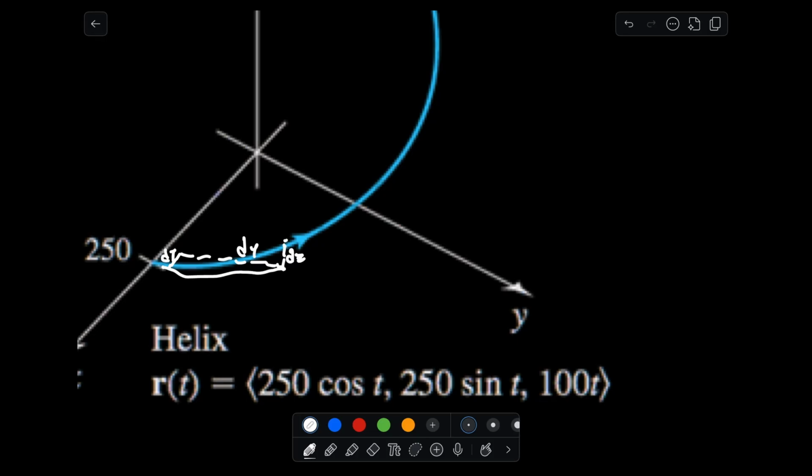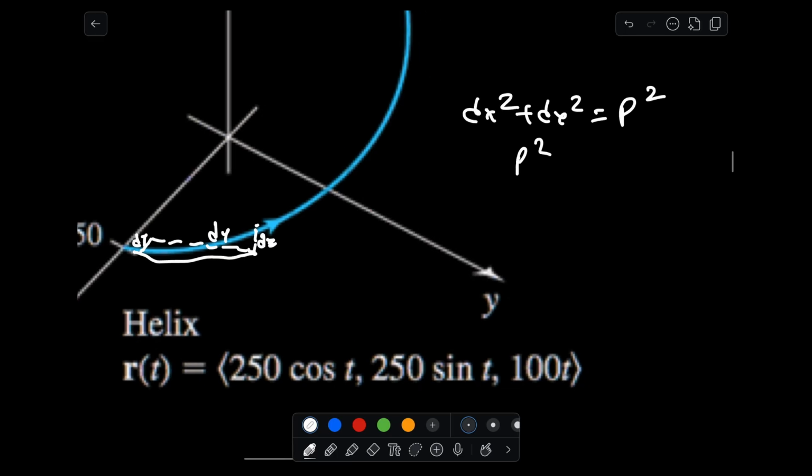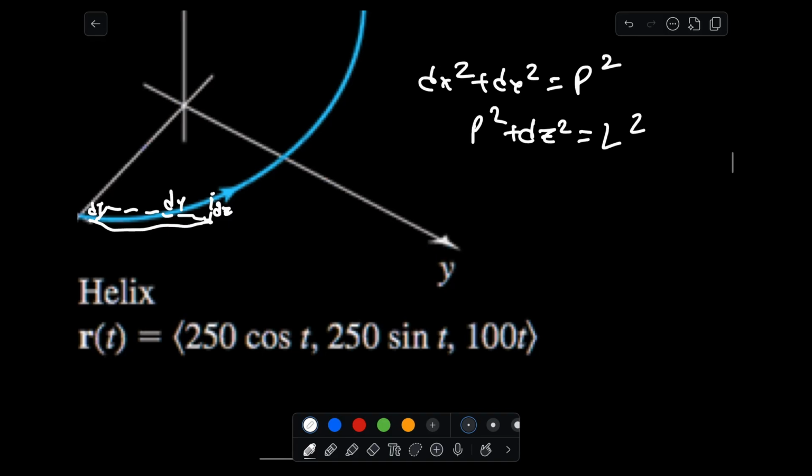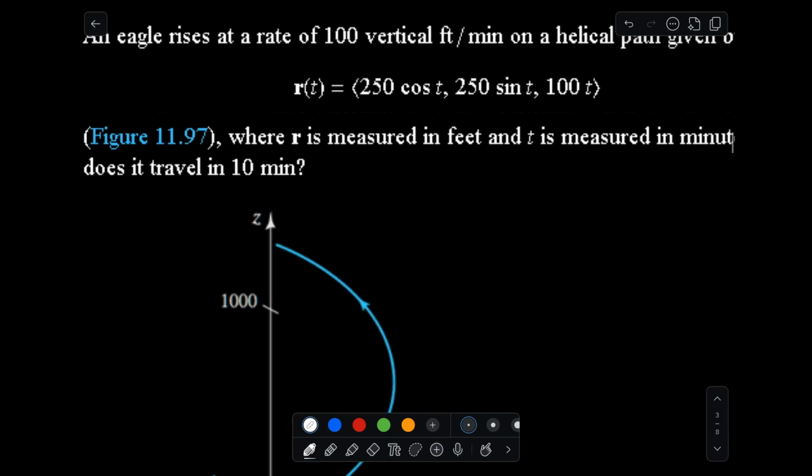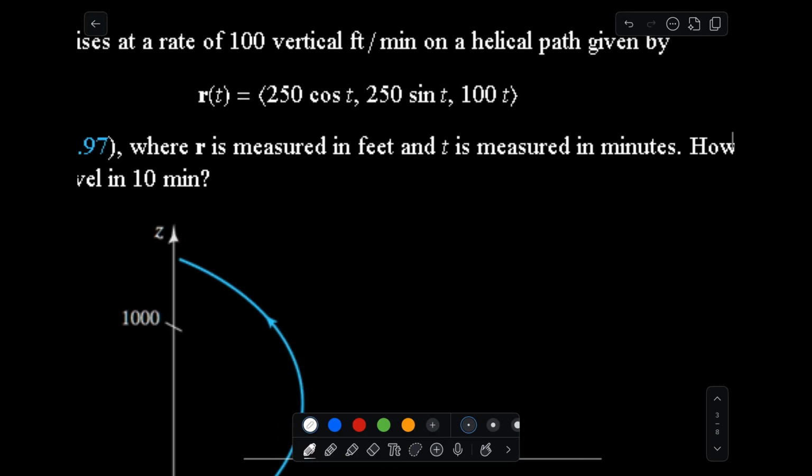And you can just say that dx squared plus dy squared equals some plane length p squared, right? You do p squared plus dz squared equals L squared, and then you can substitute that in, then solve for it, right? That's kind of the trick that we're going for. Now let's get to the actual differentiation and then integration. So feel free to pause the video again if you want to try this example on your own.